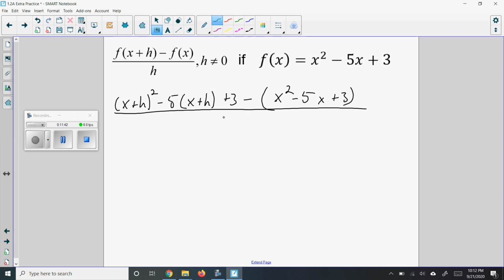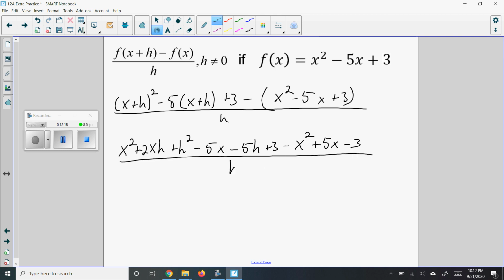And this is all over h. Okay, so if I square this binomial, again, we'll end up with x squared plus 2xh plus h squared. I'll distribute this negative 5: minus 5x minus 5h plus 3. And then I'll distribute this negative. Minus x squared plus 5x minus, and minus make plus, minus 3. And this is all over h.